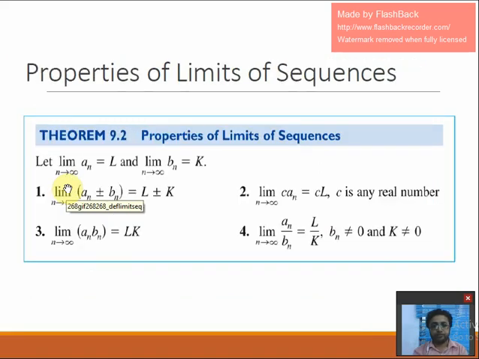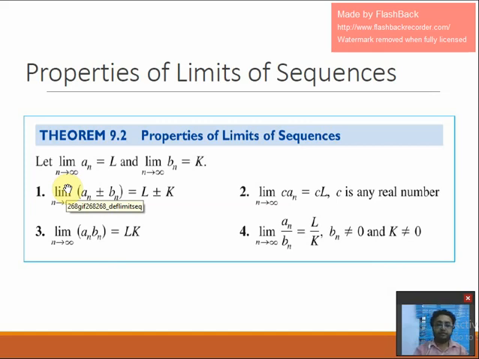Okay. So, some properties of sequences you can consider. Suppose 2 sequences AN and BN, where AN converges to L and BN converges to some fixed number K, both finite.